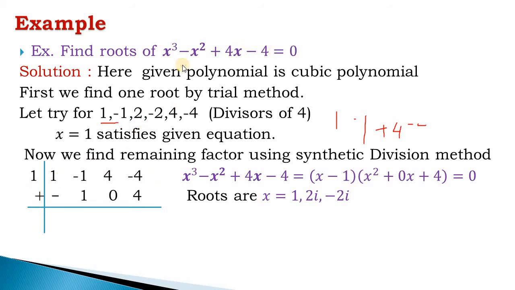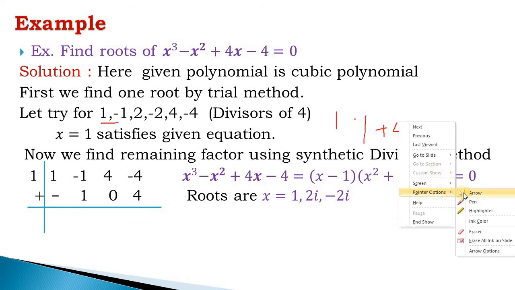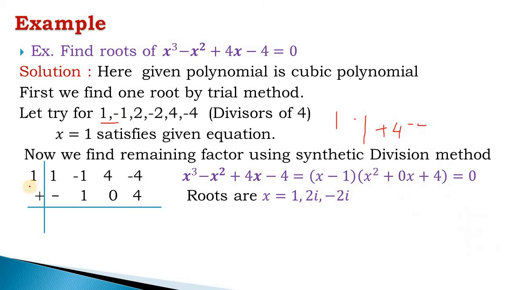So the coefficient of x cube is 1, x square is minus 1, x is 4 and the constant term is minus 4. Now, whatever root we have, x equal to 1, we write the root 1 here, put a dash, and carry the first number as it is.